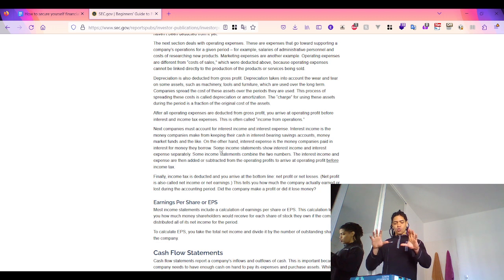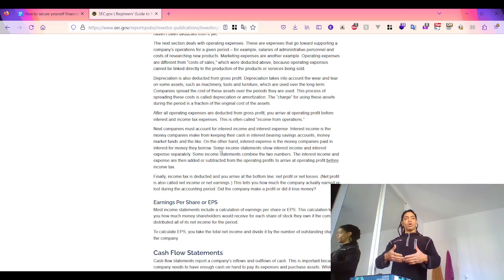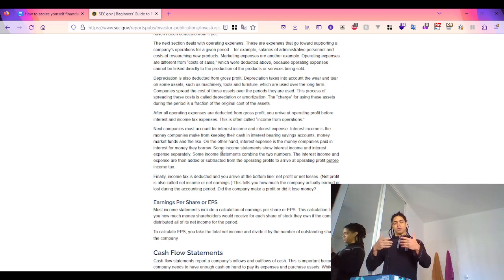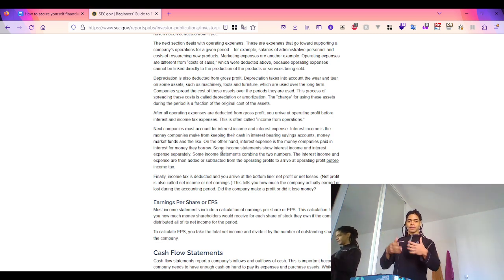So then I also look at the warranty obligations, which are obligations that a company has to fix or replace a defective product or a product that doesn't meet certain quality standards. Okay, so you have warranty or manufacturing warranties from service, software, parts, vehicles, homes.